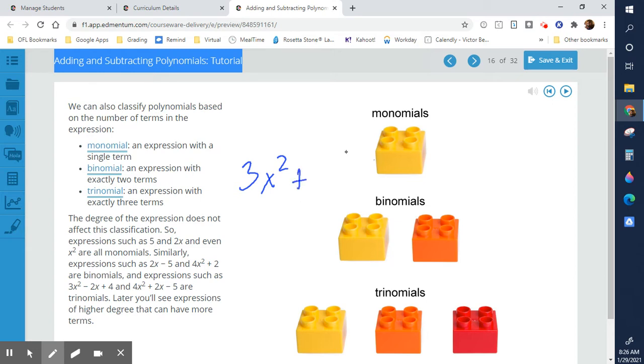But let's say I have 3x. 3x is a linear monomial. But if I add these two together, it's a quadratic. It's just a binomial quadratic. The fact that this is a linear doesn't affect it. So adding on different terms will not change it because the degree doesn't change. It's just going to change how the graph looks.